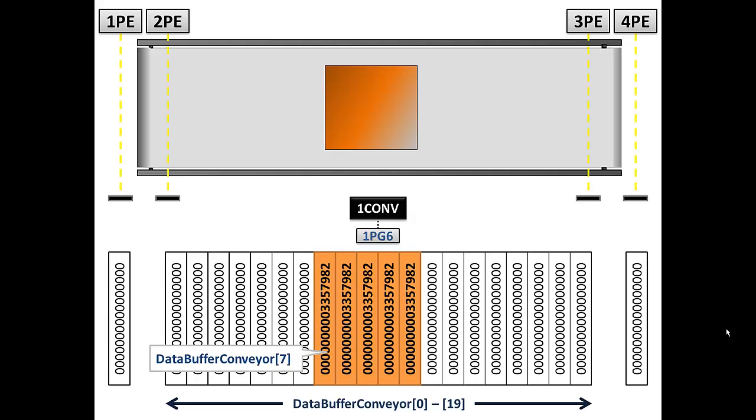Now that carton occupies data buffer locations 7, 8, 9, 10, and 11, where it originally was 0, 1, 2, 3, and 4. So we have a 2 register gap between where the carton was and where the carton's at now, but I think you get the general idea.